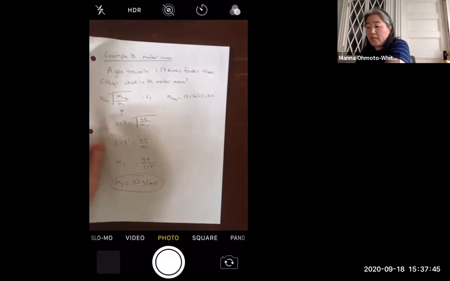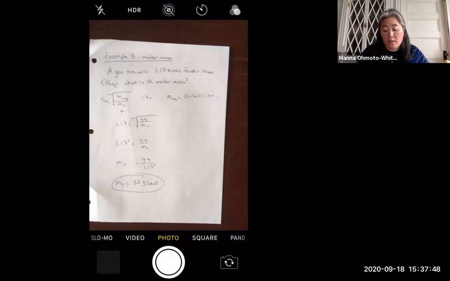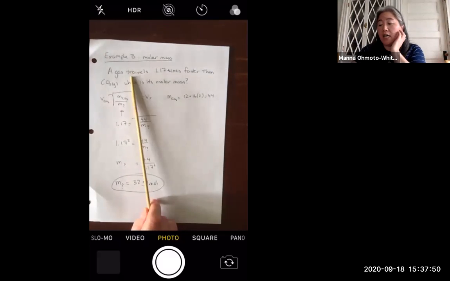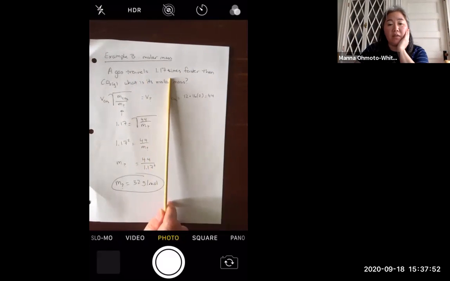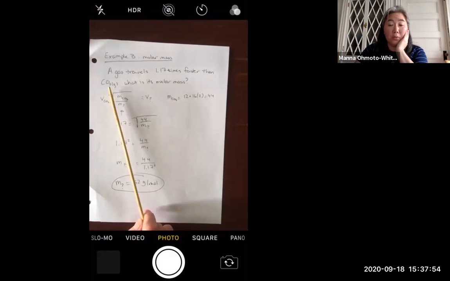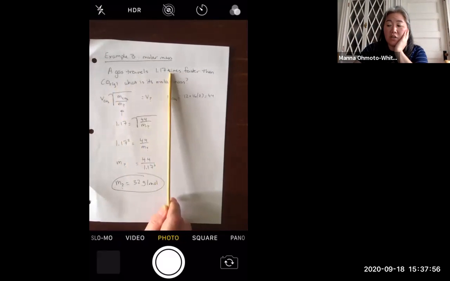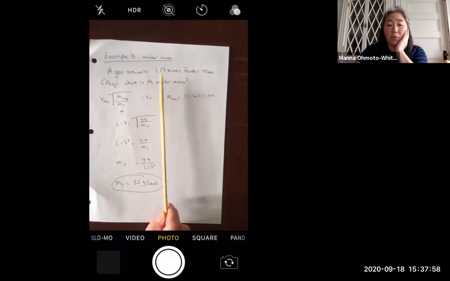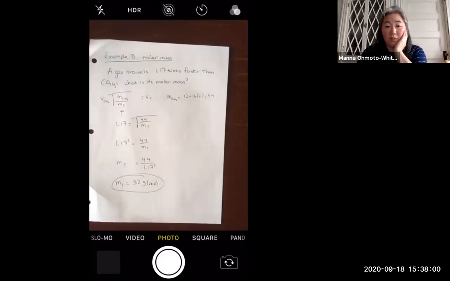I can also ask, what's the molar mass? Say that I have a gas that travels 1.17 times faster than carbon dioxide. What is the molar mass? Well, if the gas is traveling faster than carbon dioxide, then it has a molar mass that is lower than that of carbon dioxide. The molar mass of carbon dioxide is 44 grams per mole.